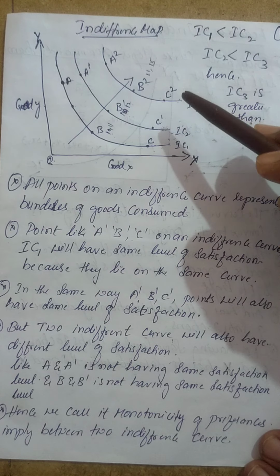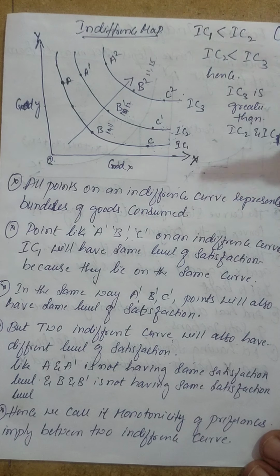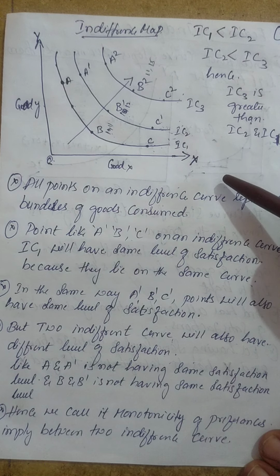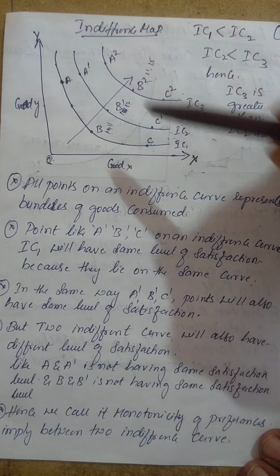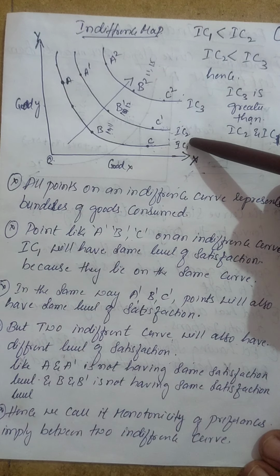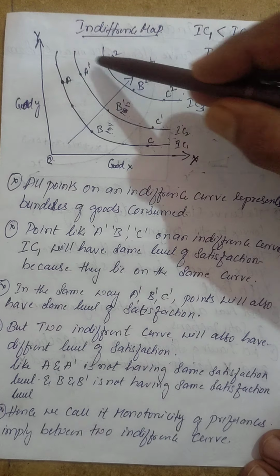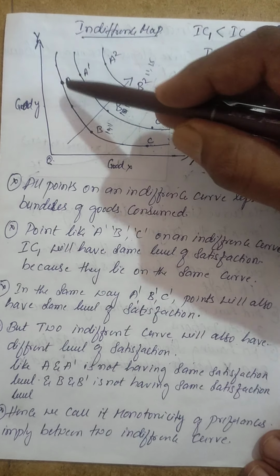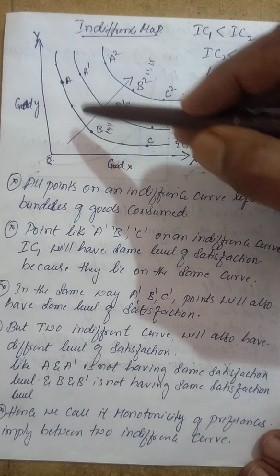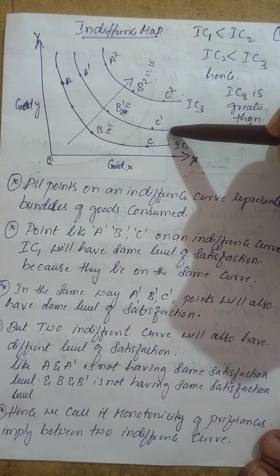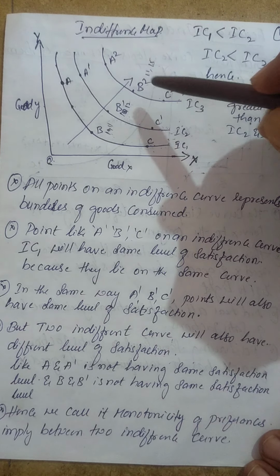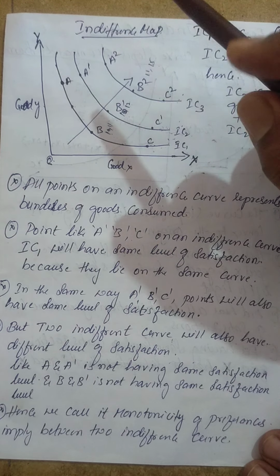So let us take into consideration that this is good X and this is good Y, on the x axis and the y axis. We have drawn the first, IC1, which is indifference curve 1, this is indifference curve 2, and this is indifference curve 3. We have marked certain points here, which are A, B, C, A dash, B dash, C dash, or A2, B2 and C2, or A1, B1 and C1, like that also you can take.